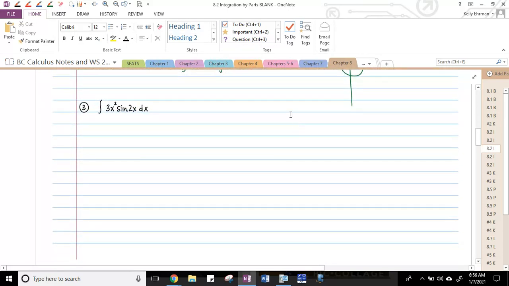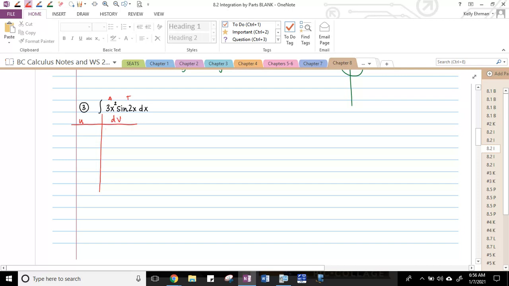Now on problem number 3, I'm going to start with the tabular method because this is a much longer problem to do the long way. So let's start with tabular and see where that takes us. LIATE says that algebra comes before trig.